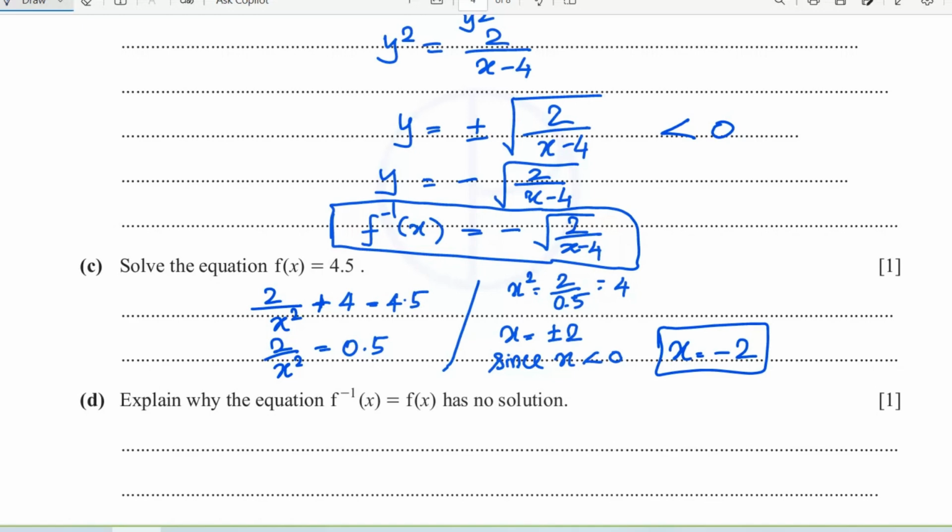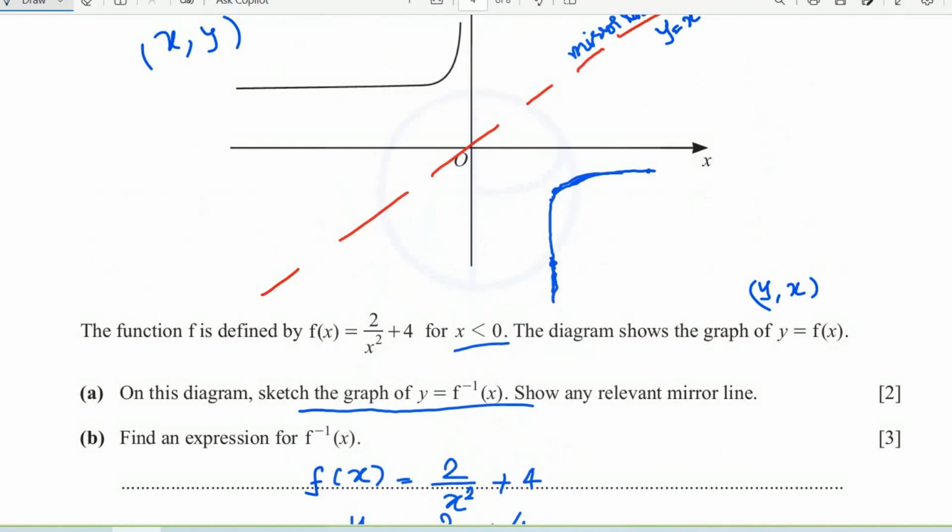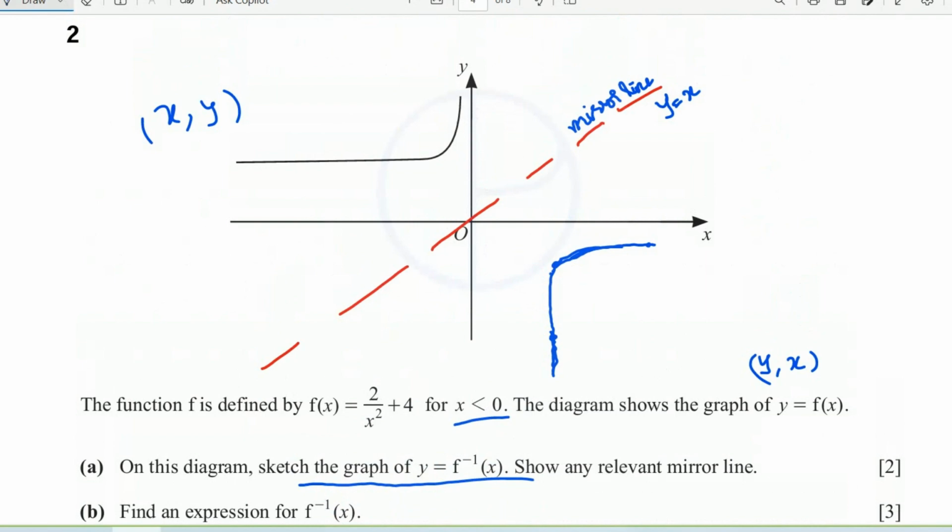The next part of the question is explain why the equation f inverse of x equal to f of x has no solution. So in this graph, this is f of x and this is f inverse of x. f of x takes only positive values, that is the y value is positive here, and f inverse takes only negative values.